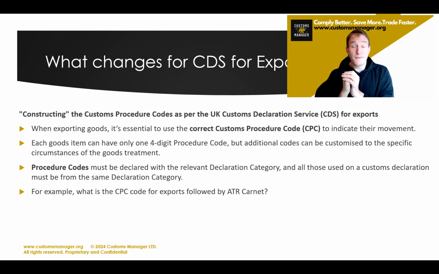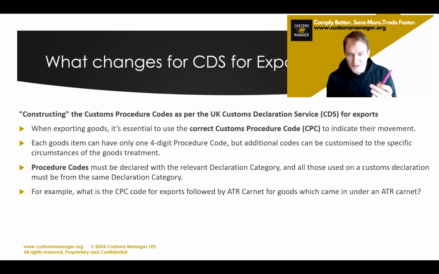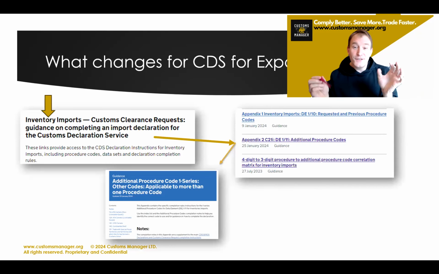So you want to do this. Here is the example. If it came in on this ATA carnet, now it goes back out, and then what's the code? You'd go into crazy detail here, but just to show you, for a start you wouldn't go with a normal traditional export. You'd go with inventory imports, customs clearance requests, guidance for completing an import declaration for the customs declaration service.